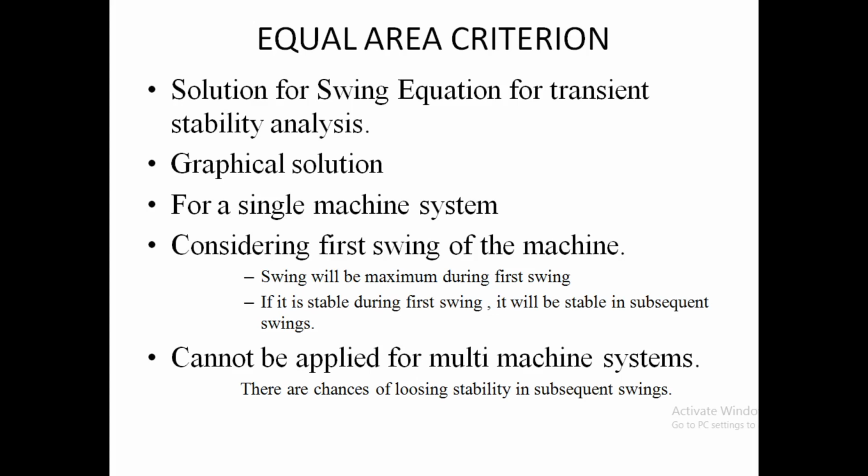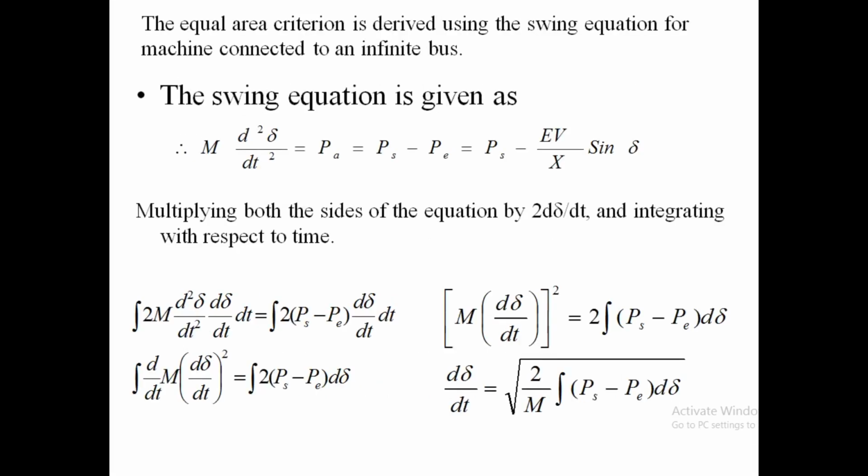Now the fourth point is, it is derived by considering the first swing of the machine. That means a machine starts to oscillate from some position due to some change in load or a fault, and it will make some swinging or oscillation of the machine. Usually that swing will be maximum during the first swing.